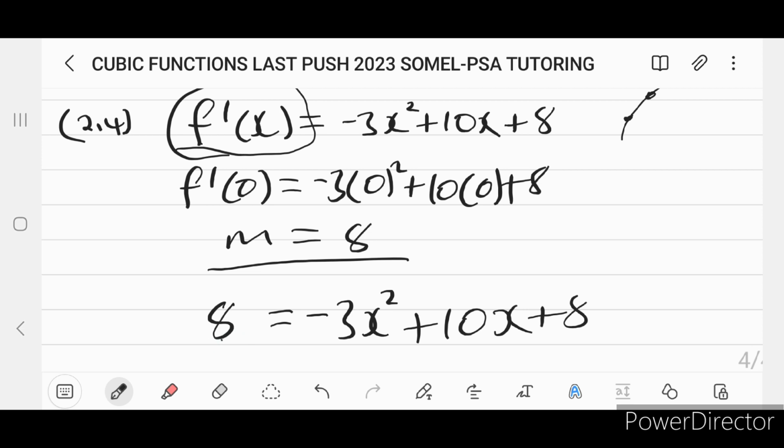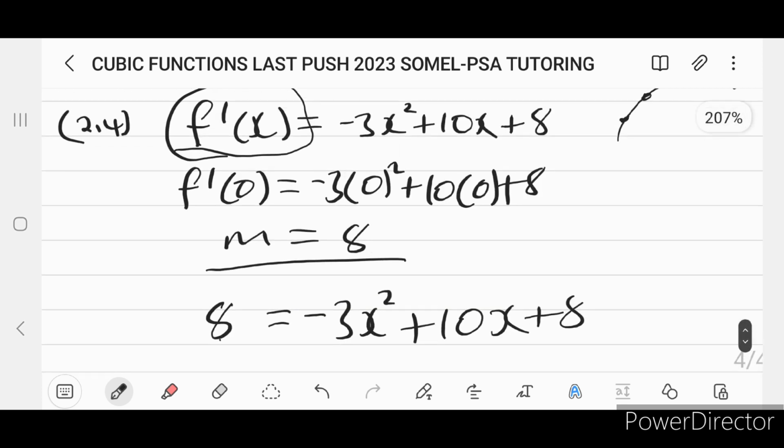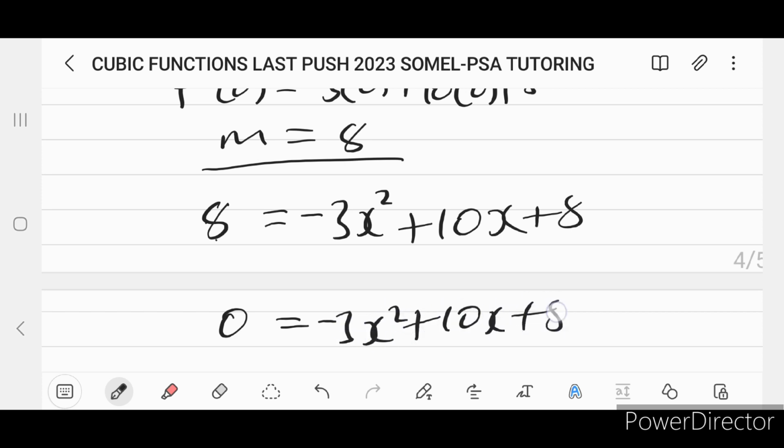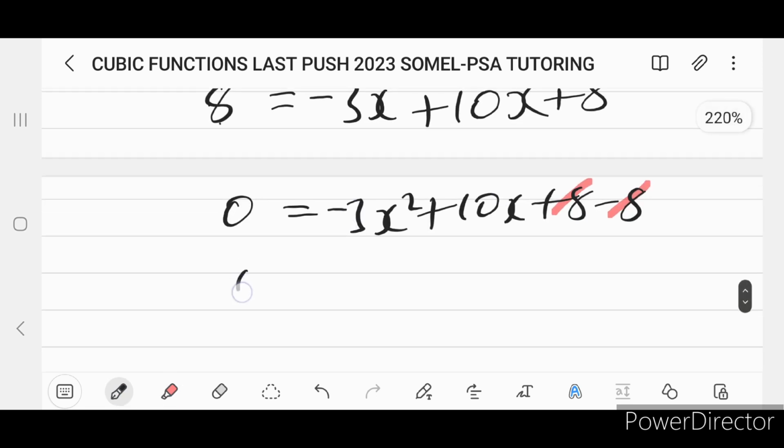So if I take 8 to the other side, it's going to be 0 equals negative 3x squared plus 10x plus 8 minus 8. So this cancels out. 0 equals negative 3x squared plus 10x.